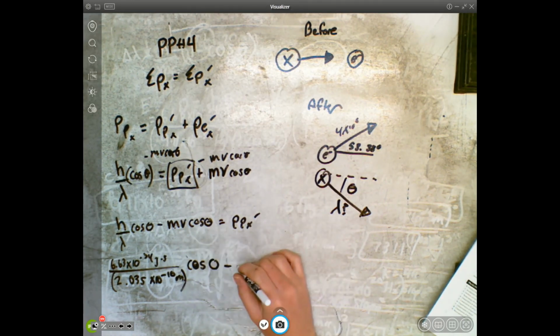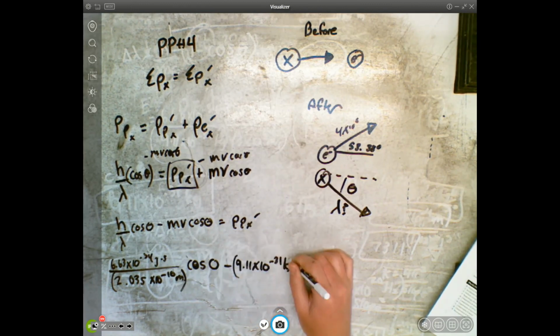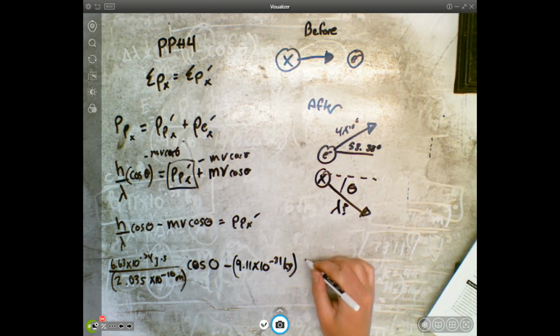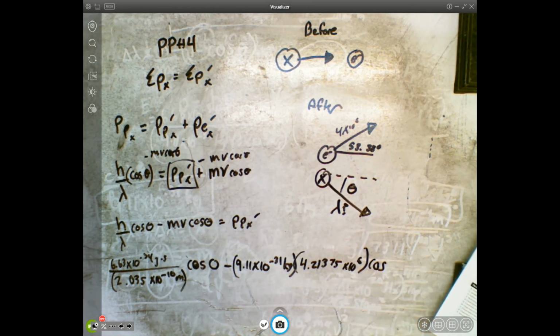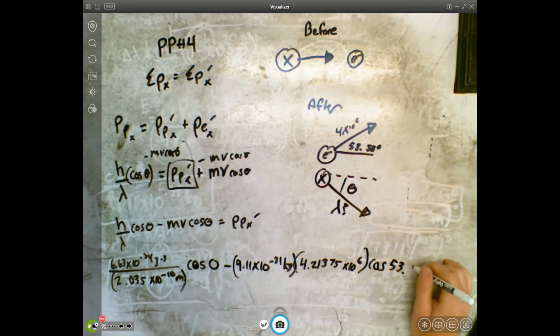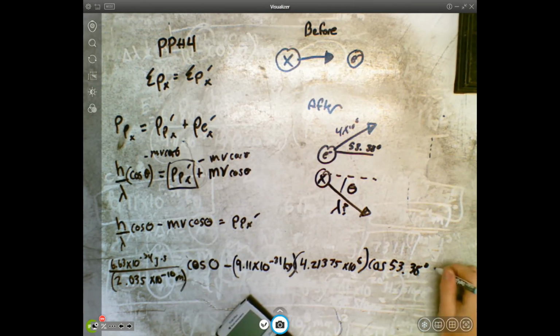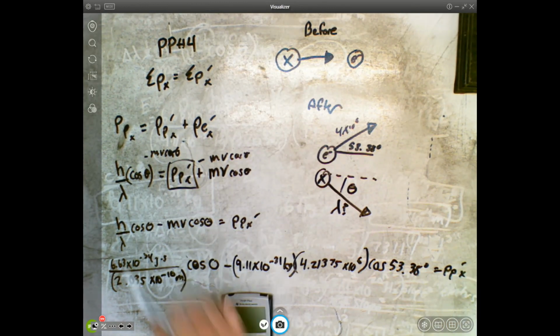And we're going to subtract the mass of our electron times the velocity of our electron, and then cos of that angle, which is 53.38 degrees. That's going to equal the momentum of our photon after in the x. So exactly the same as we did in our first unit, just h over lambda instead of mass times v for everything. Okay, so let's plug this all in.